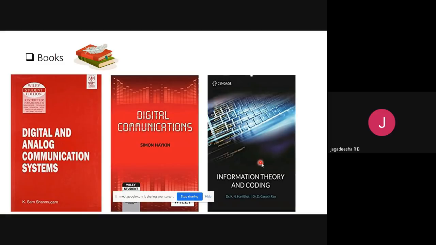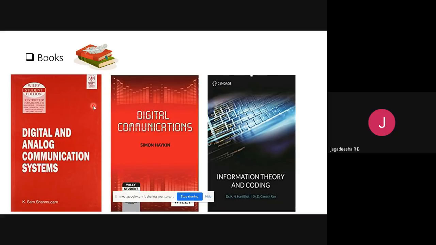And also we have another book, Information Theory and Coding by Dr. Haribhat and Ganesh Rao, of Cengage Publishers. From this book, we have very limited content, very few pages of coverage. But the other two books will cover most of this course.